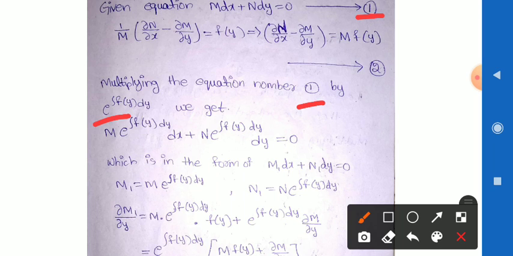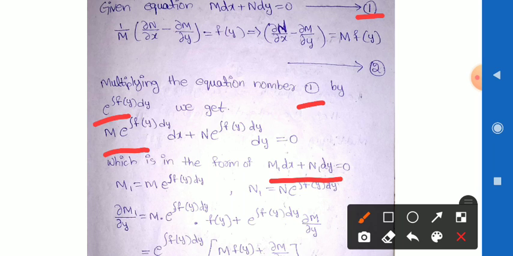by exponential integration f of y dy, we get m into exponential integration f of y dy dx plus n into exponential integration f of y dy dy is equal to 0, which is in the form of m1 dx plus n1 dy.